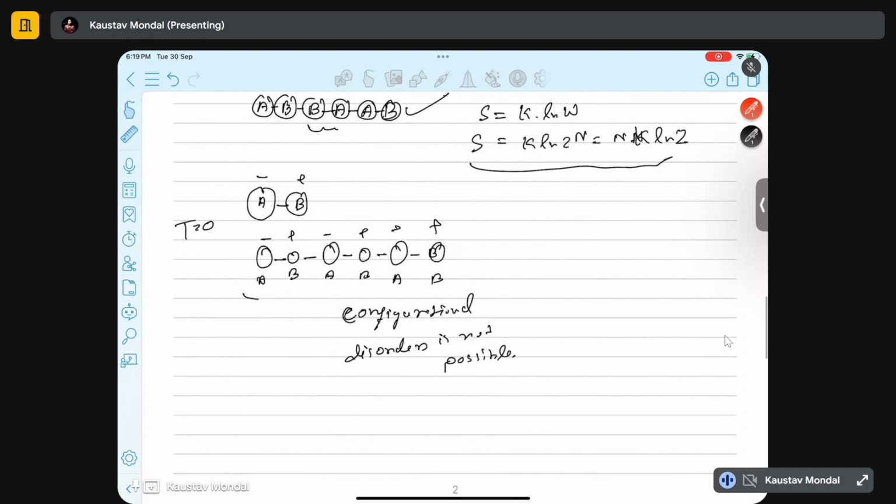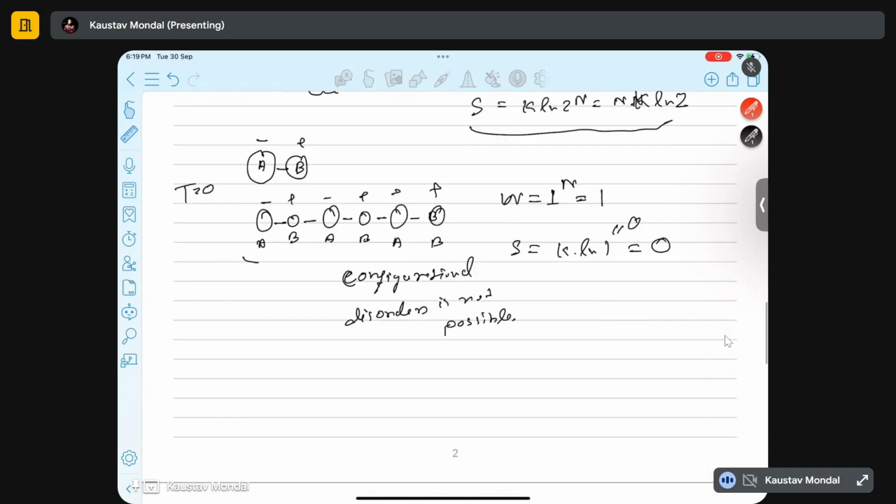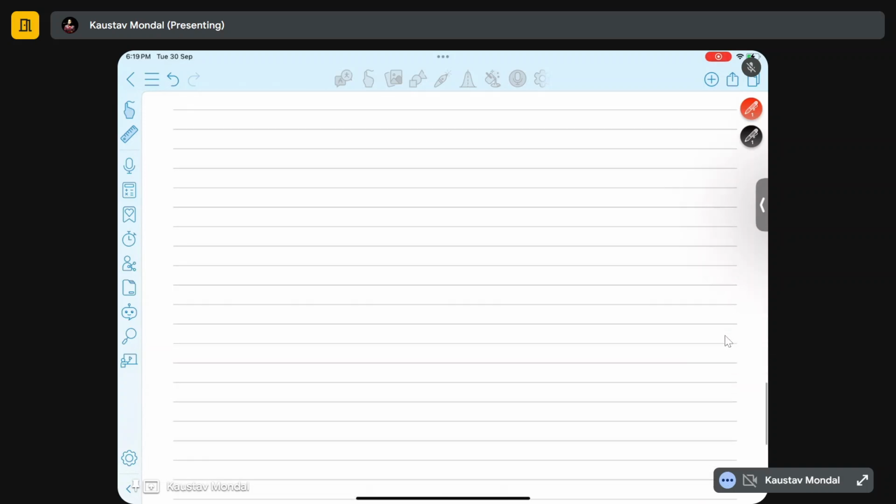For that case, the total configuration W is simply equal to 1. This is the only configuration that is permissible. So 1 to the power n basically gives you 1 itself. So the entropy would become k ln 1. Ln 1 is 0. So the entropy is 0. So for this kind of system, there is basically no residual entropy.